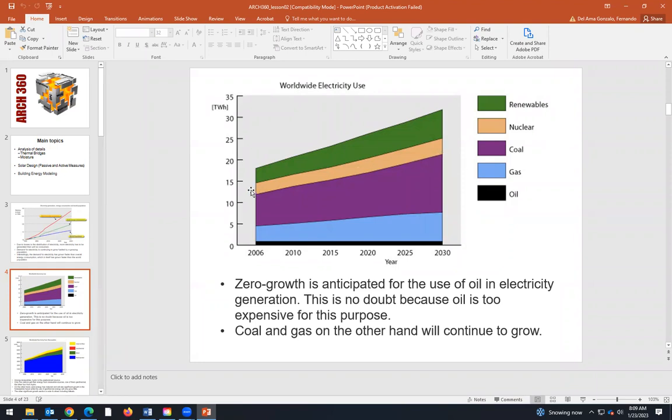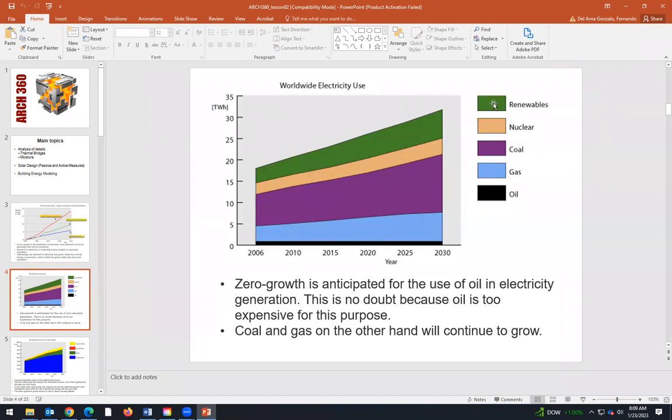Then we have nuclear. Nuclear is steady, it's not growing. We generate almost the same amount of electricity by nuclear plants as we did in 2006 or in 2000, so it's not growing. And renewables are growing little by little, but we are far from being in a totally renewable world.